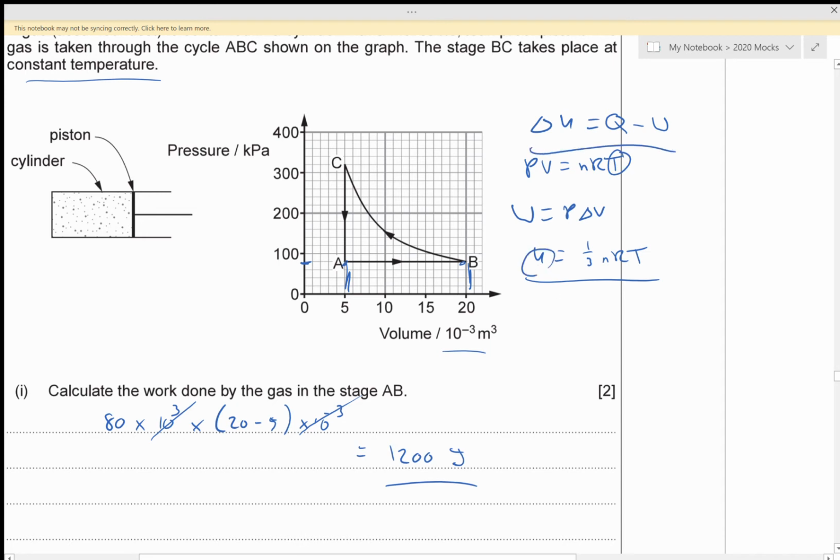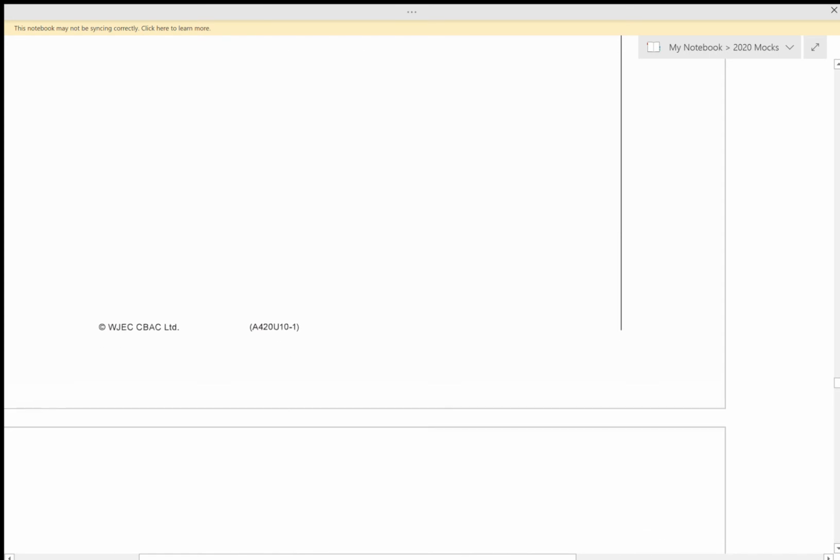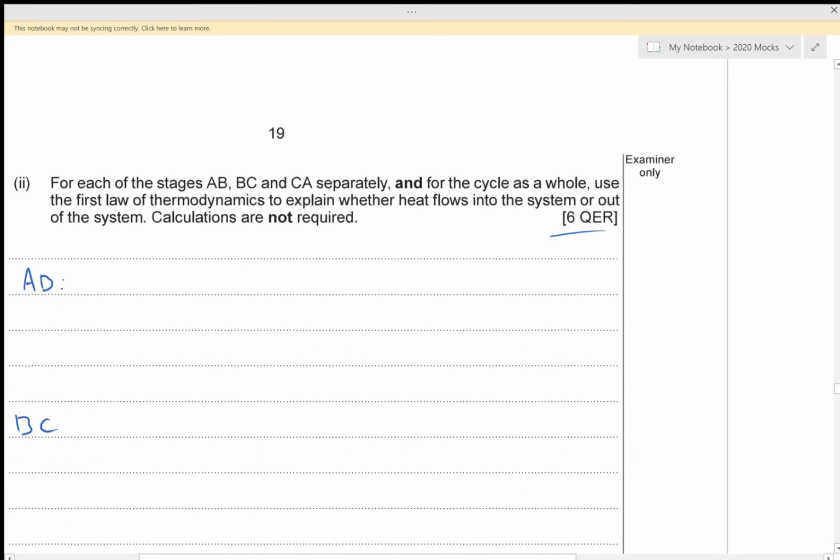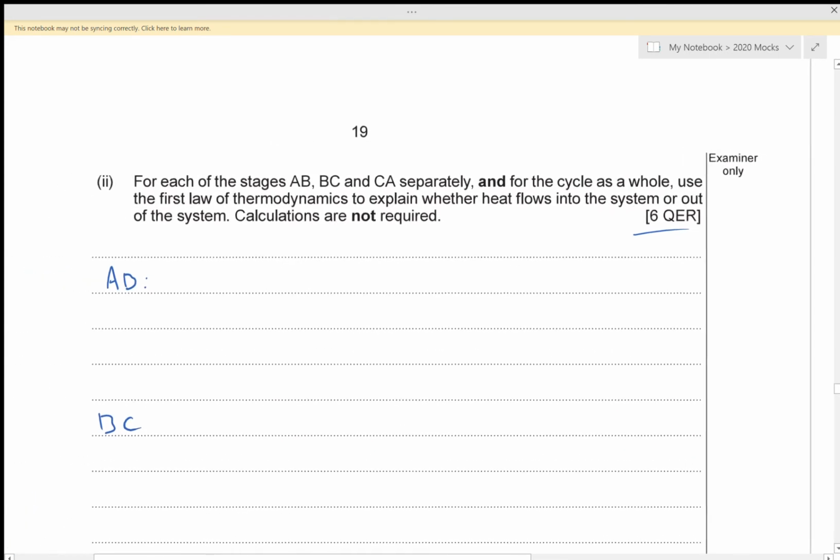A quick rearrange of that first law of thermodynamics tells me that Q is equal to delta U plus W. Well, the temperature has gone up, therefore the internal energy has increased, and the gas has done work. So both of these are positive numbers, therefore Q is a positive number, therefore a significant amount of energy has flowed into this system.